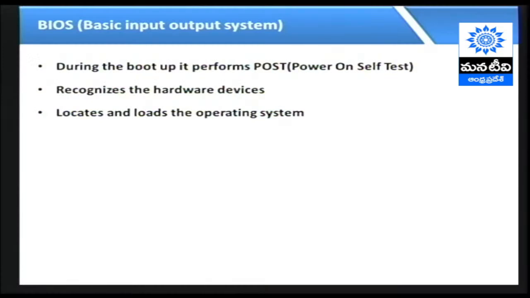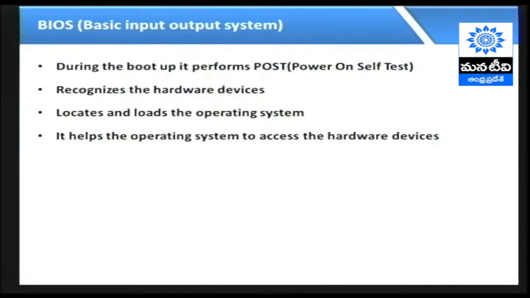Let's see the third role and responsibility of BIOS. BIOS is responsible to locate and load the operating system. During the boot up of the computer, the BIOS chip is responsible to identify the operating system. Once the OS is identified, it is stored temporarily in computer RAM. Basically, the computer OS is stored in the system partition or boot partition known as the C drive.